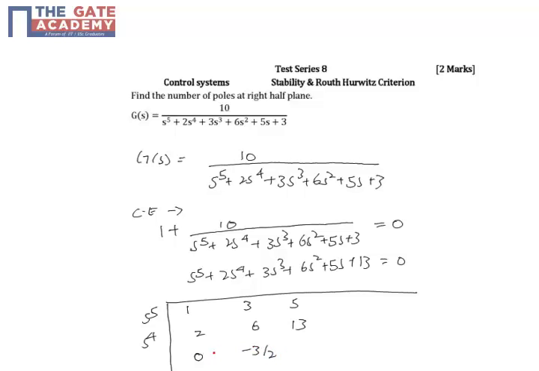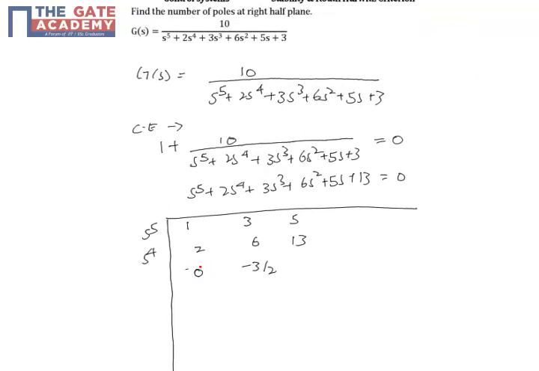Now if I have 0 here, in the further steps I have to divide by this particular value, so if it is 0, I cannot proceed further. So I will take this as epsilon, where epsilon is a very small positive value.